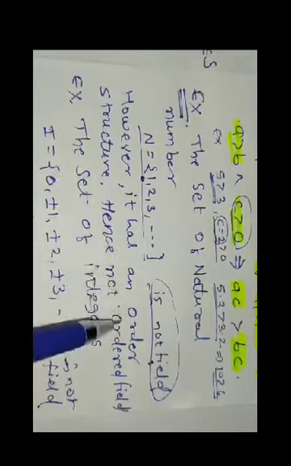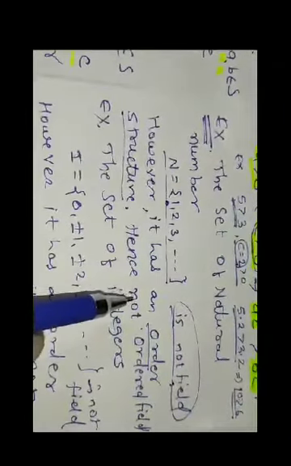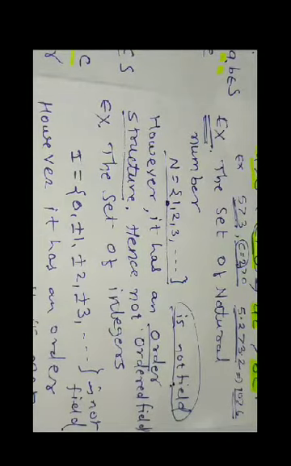However, it has an order structure. That means if we choose any 2 numbers, then we can decide the order relation between them, transitivity, and compatibility of order relation with addition. That means all 4 properties of the order relation are satisfied.